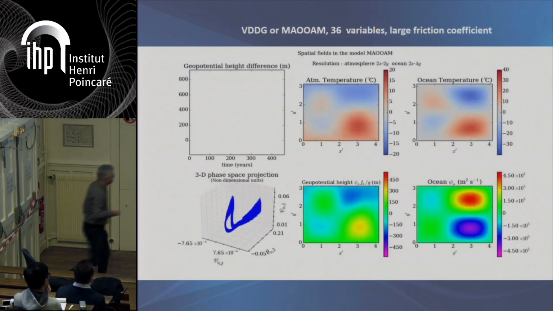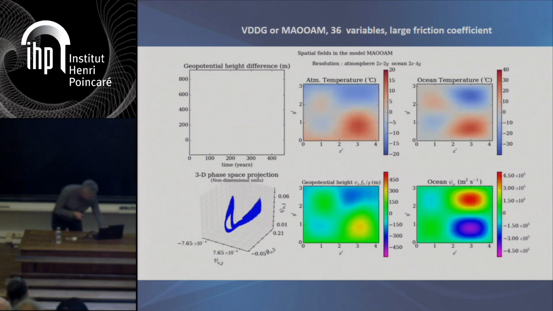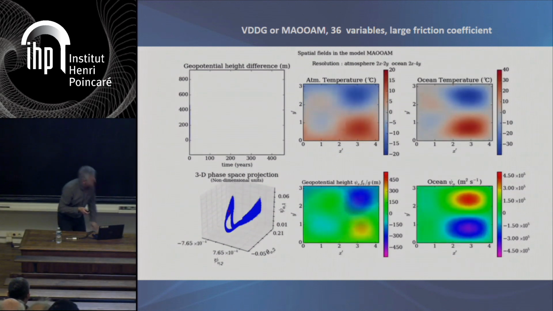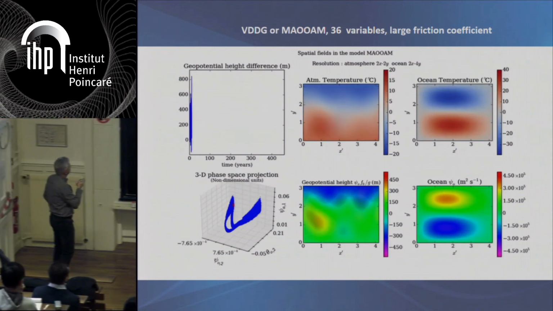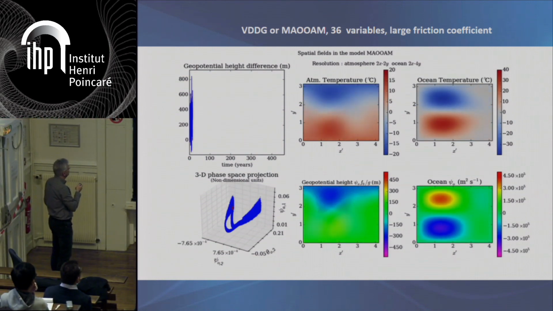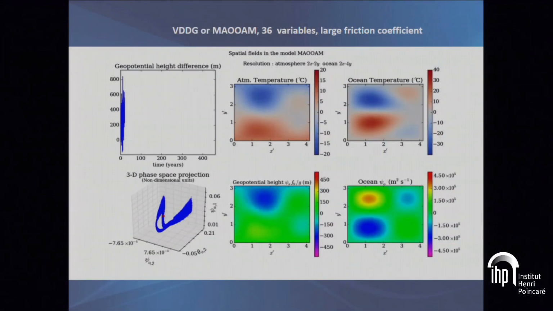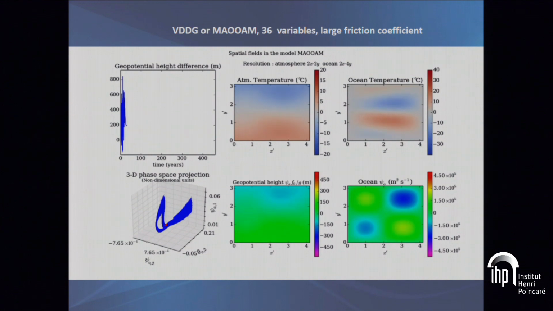So just to show you the solution, this is a movie. You have what I showed you before, the geopotential height difference, on this picture. You have the numerical evolution of the solution in the three-dimensional projection of the full phase space.